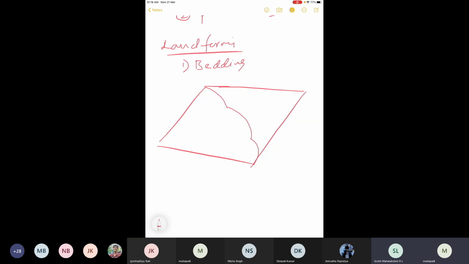I'm going to show this kind of cross-section. Suppose you have a field, and similarly the other side.